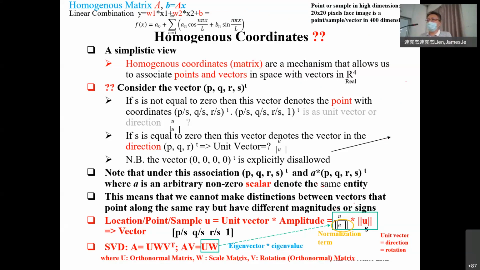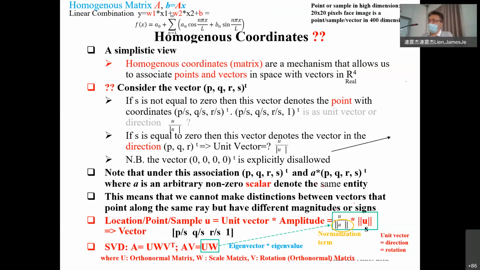So for the edge detection, I suppose in this class you have a background of edge detection, but in the other class, Monday class for the undergraduate students, I will teach you image processing. Image processing talks about convolution.